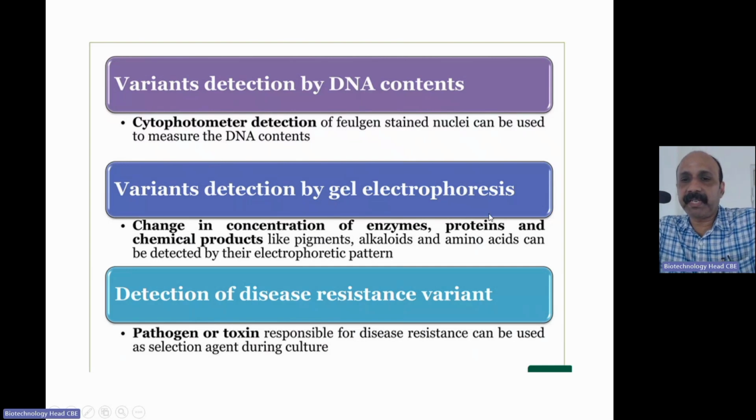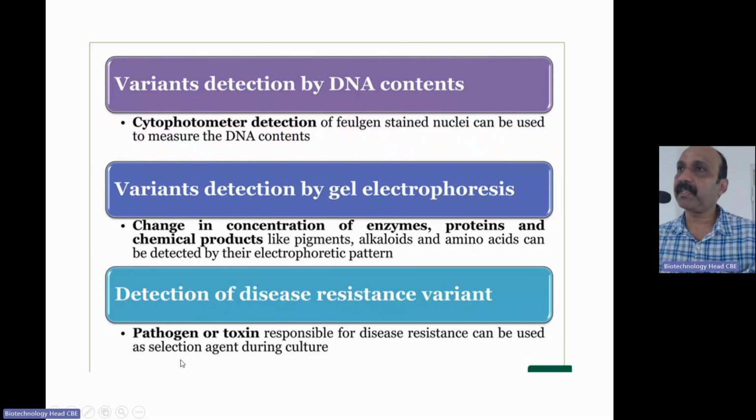Or detection by electrophoresis of the concentration of enzymes and proteins, if there are any changes in the enzymes or proteins. Isozymes, if there are any changes in isozymes, that can also be detected. Pigments, alkaloids, amino acids can be detected by this electrophoretic pattern.